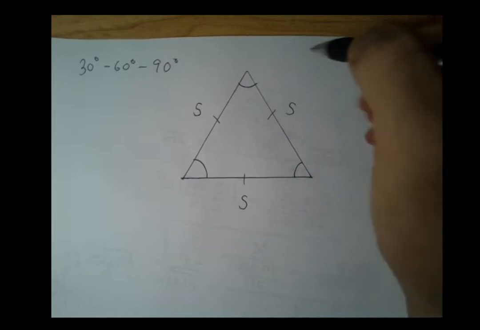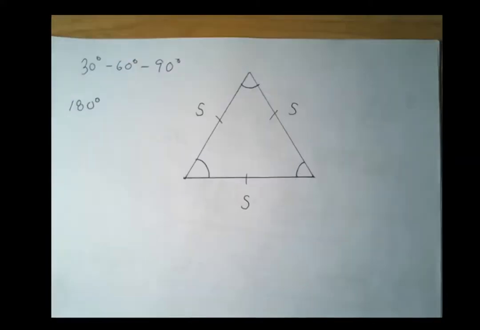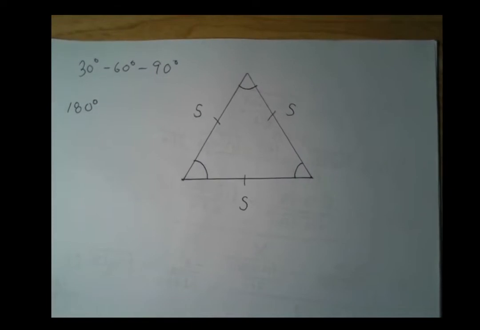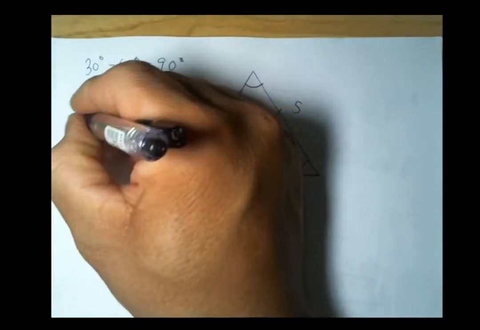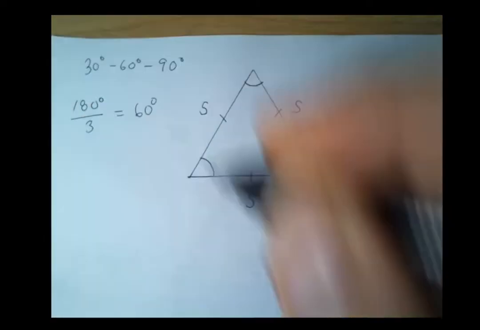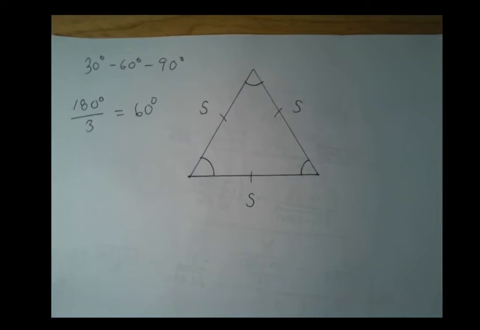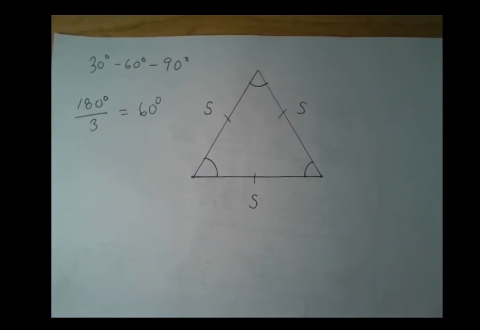Knowing that the sum of the angles in a triangle is 180 degrees, evenly split into three gives us 60 degrees. So each of these angles is 60 degrees.